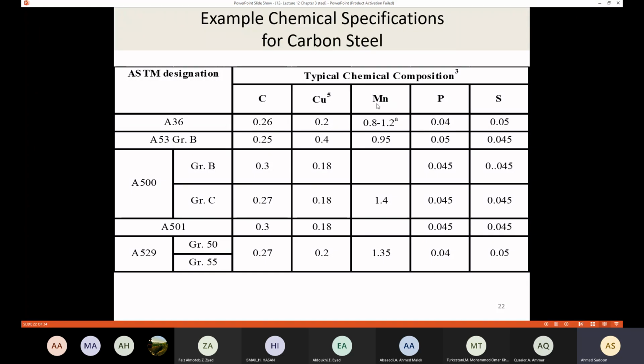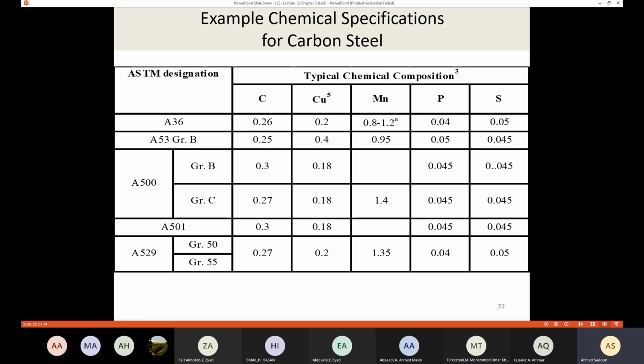Here we have the percentage of the manganese, phosphorus, and silicon. So here also we are going to know the value of the chemical composition. We talked about the importance of the percentage of the carbon, and those other elements are going to change some of the properties. They are going to act like alloying elements.